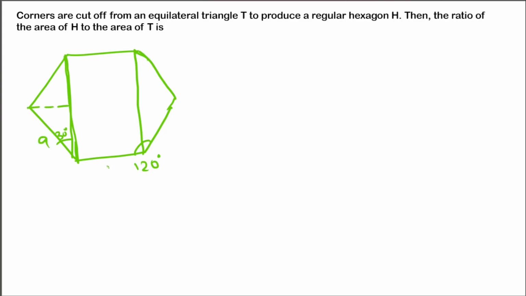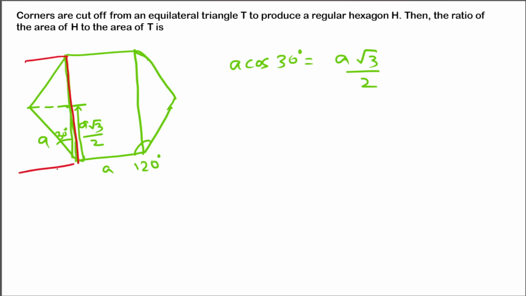If the side is a, then this length is going to be a cos 30, that is basically a root 3 by 2. So this whole length is going to be double of that, that is, root 3a.